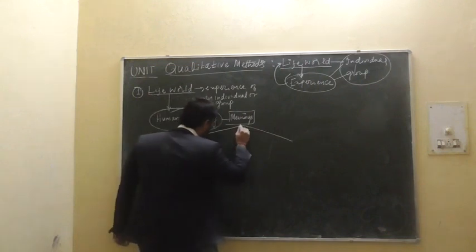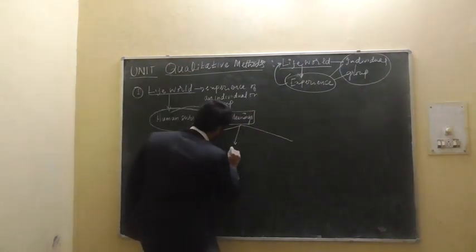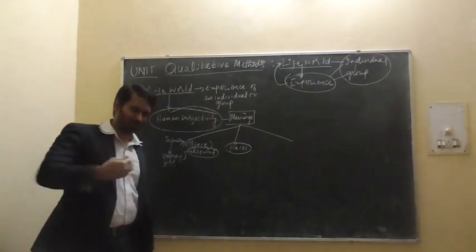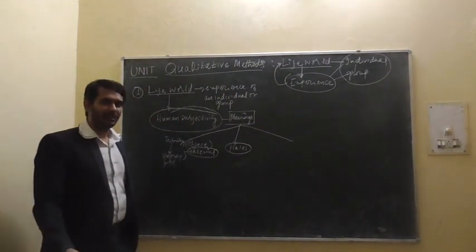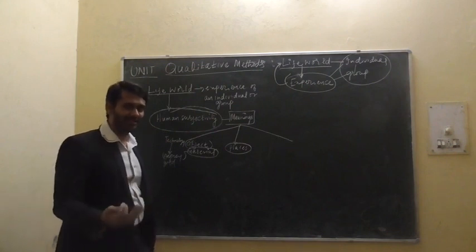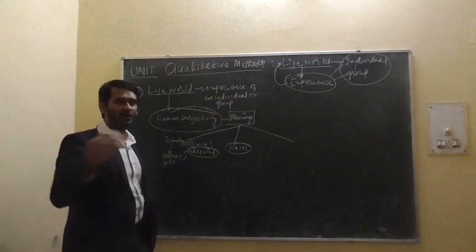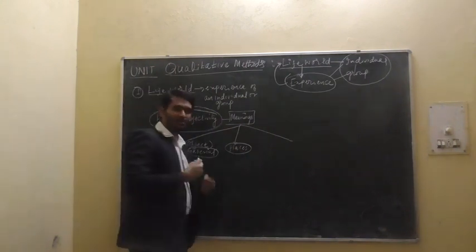At the same time, we also associate certain meanings with places. A simple question we would ask: which place do you prefer to live? Whether you want to live in a metropolitan or cosmopolitan city, or you want to stay in a town or a rural village. These are the places with which we associate certain meanings.